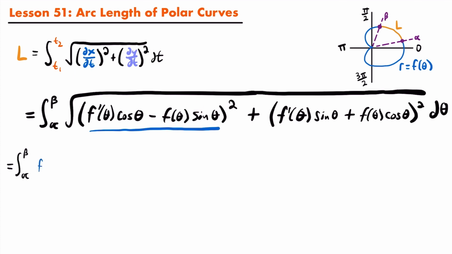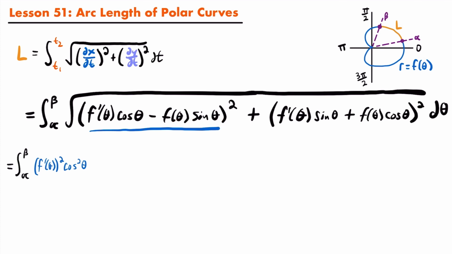So we'll have f prime of theta squared times cosine squared theta. That's this first term squared. Then we're going to add that to these two terms multiplied together and then multiplied by 2. So if we multiply these two terms together, we're going to have all 4 of these parts multiplied into one term, but because we have a negative f of theta sine theta, that term will be negative.